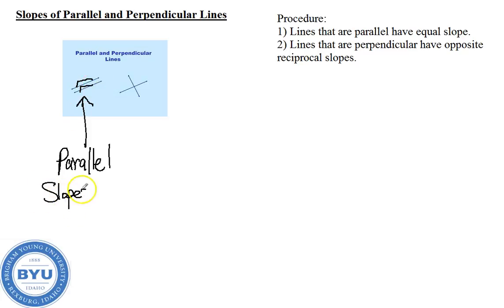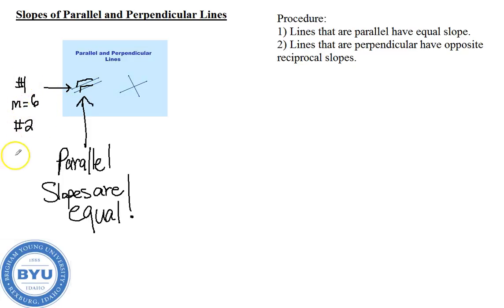Their slopes are equal. So for example, if we called this first line line number 1, and it had a slope of 6, and we knew that line 2 was parallel to line number 1, we would know that line 2 also has a slope of 6.